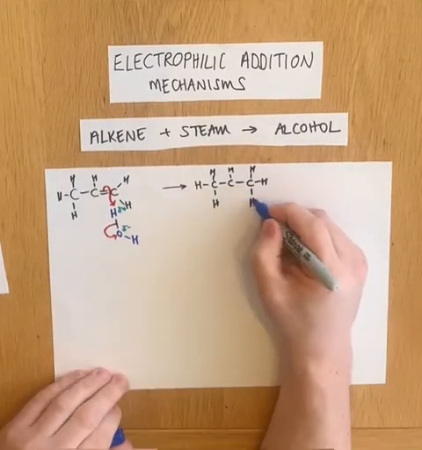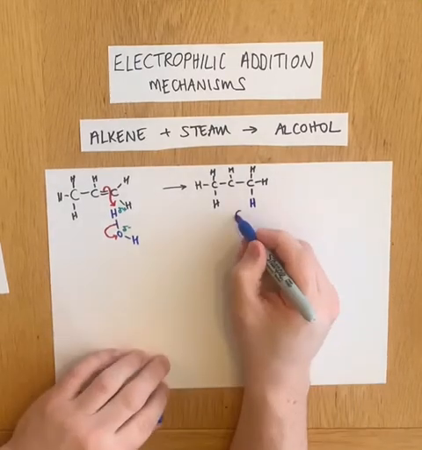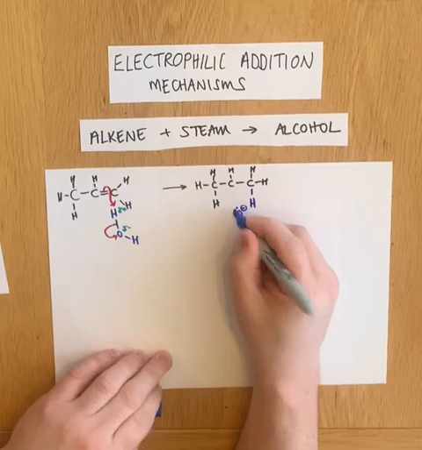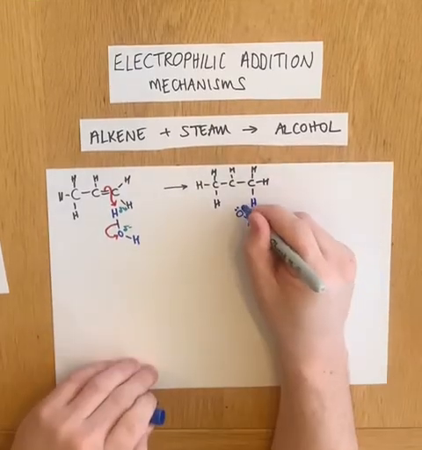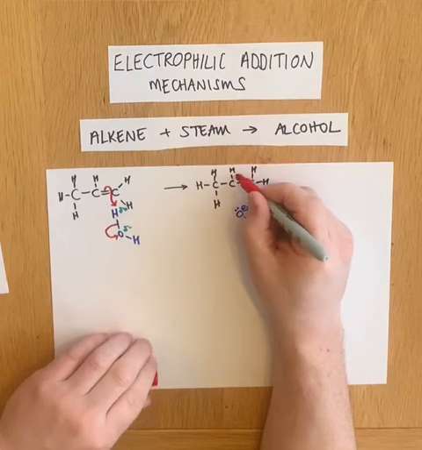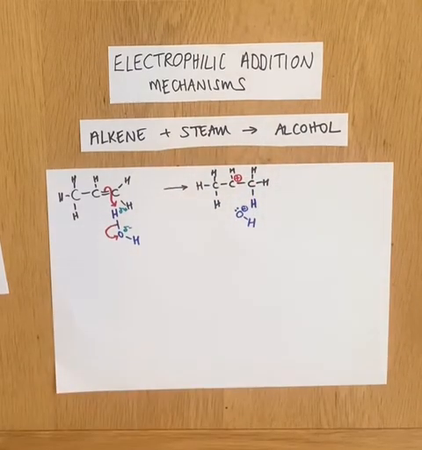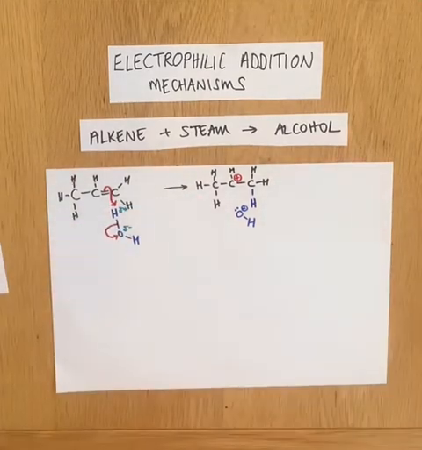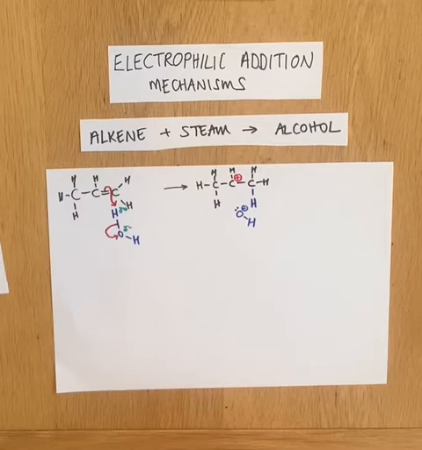I've now attached that hydrogen here, and I have an OH minus and a lone pair of electrons on my oxygen, and I have my very stable secondary carbocation that is being stabilized by the electron pushing alkyl groups in the positive induction effect.